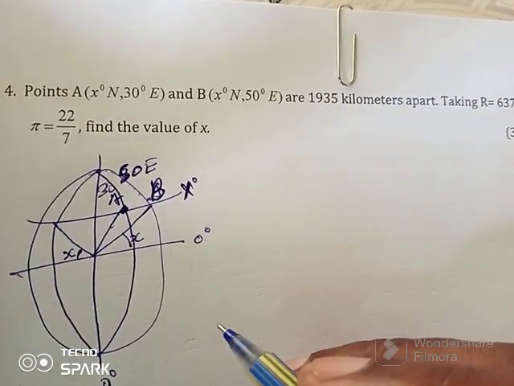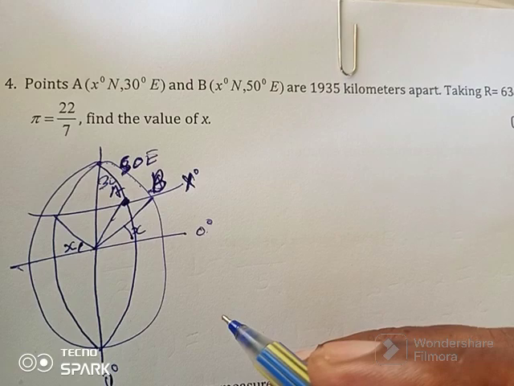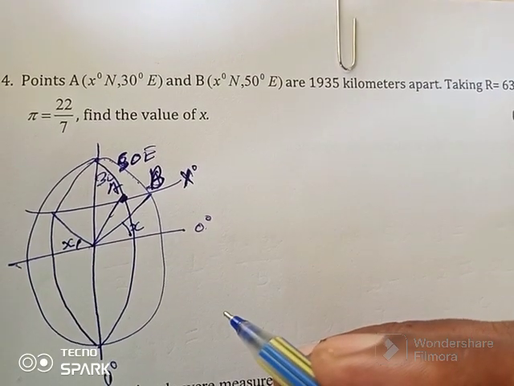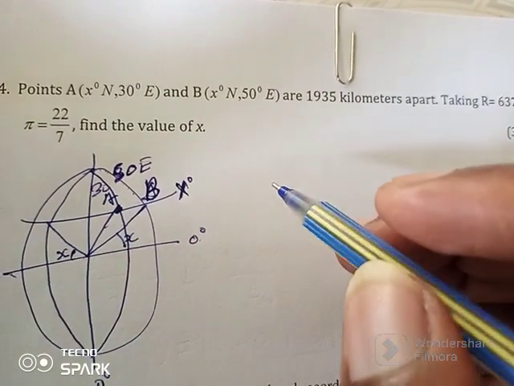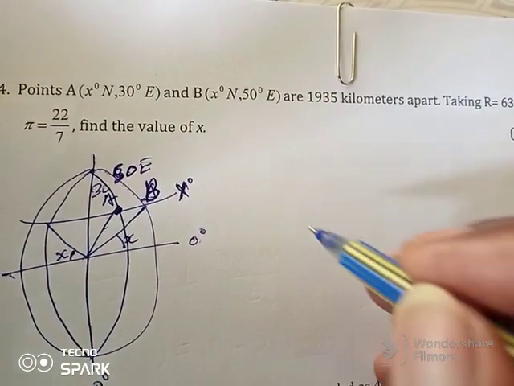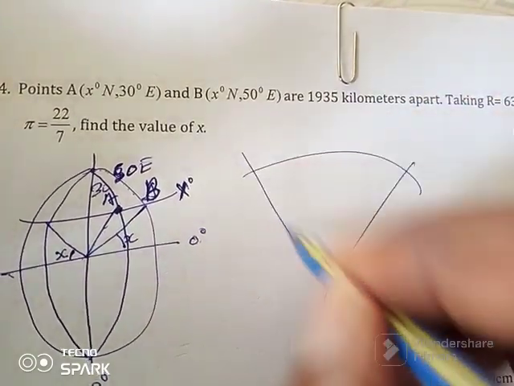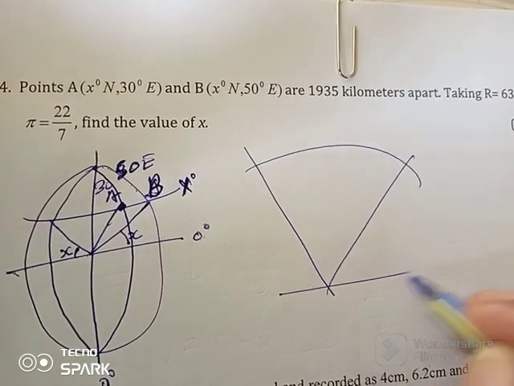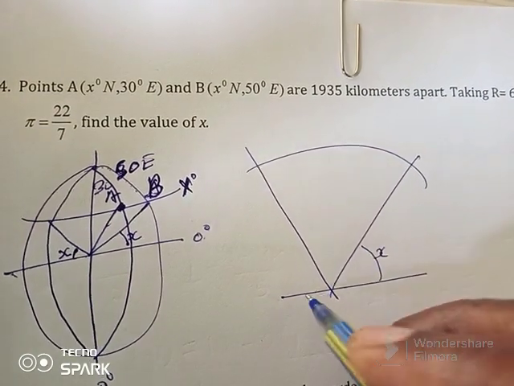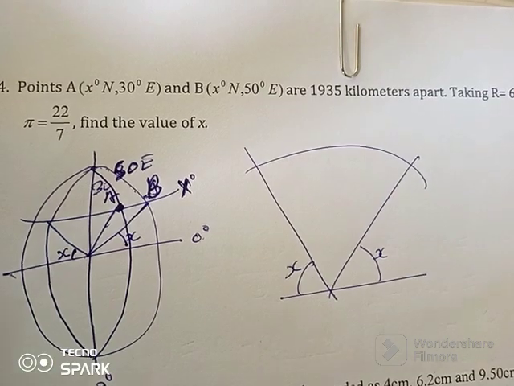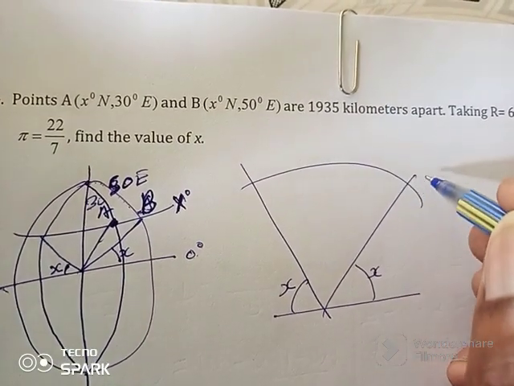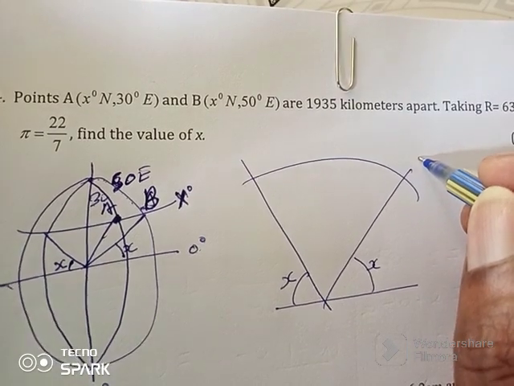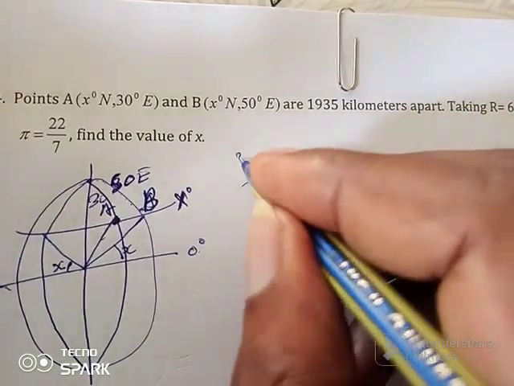So what does it mean? Here we are going to consider points on a parallel of latitude. Drawing the 2 points, from the equator they have both gone X. One is 50, another one is 30.